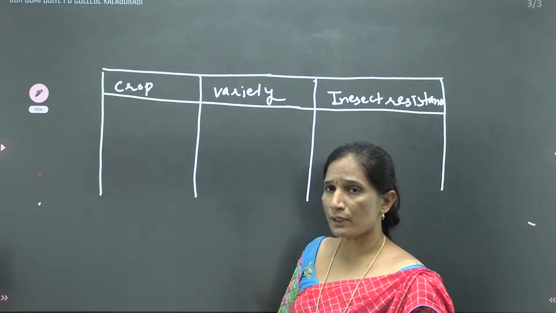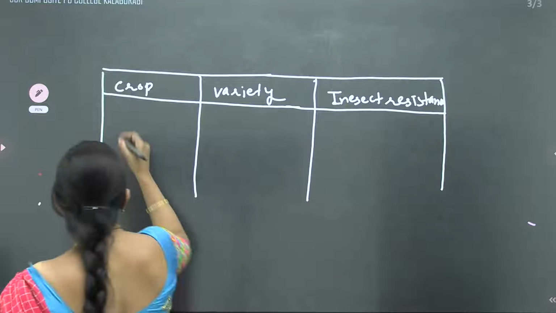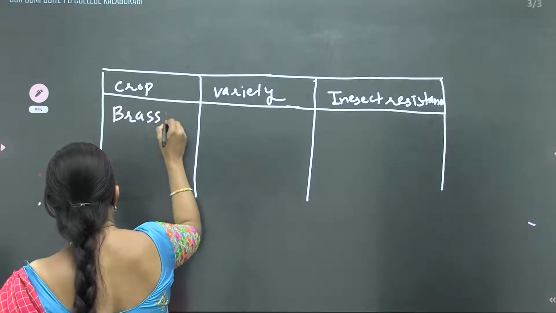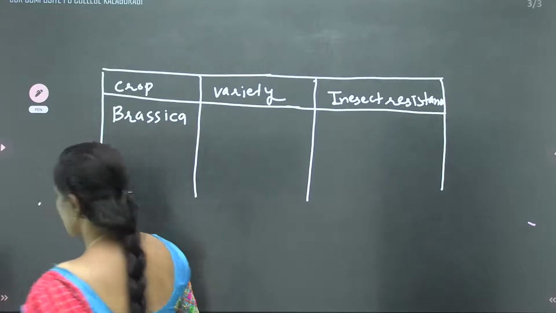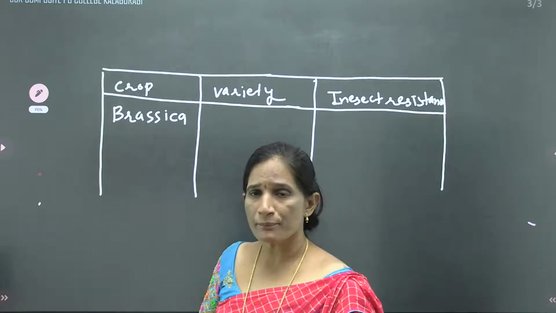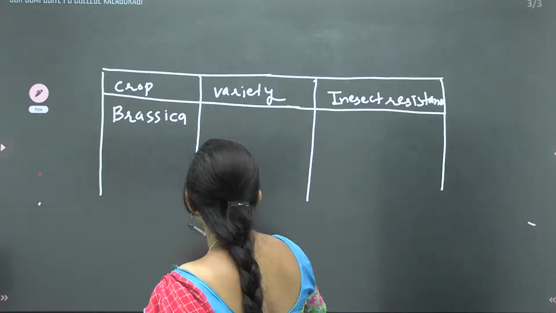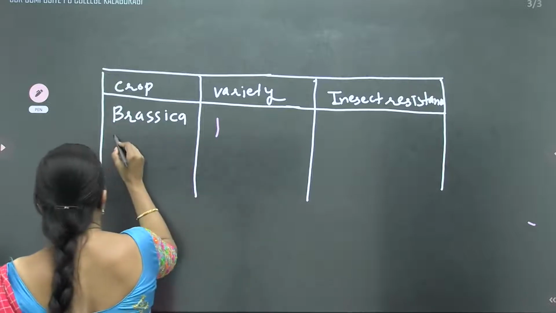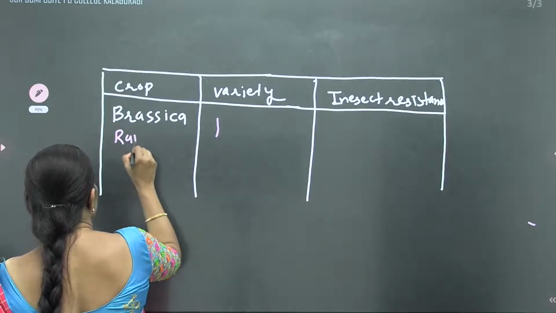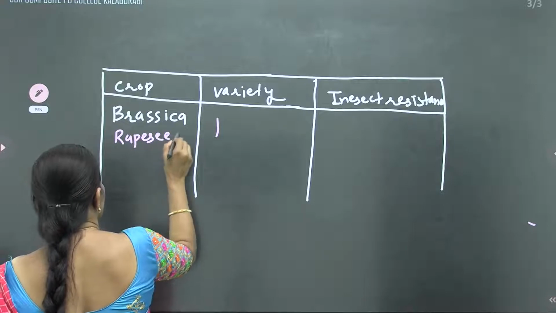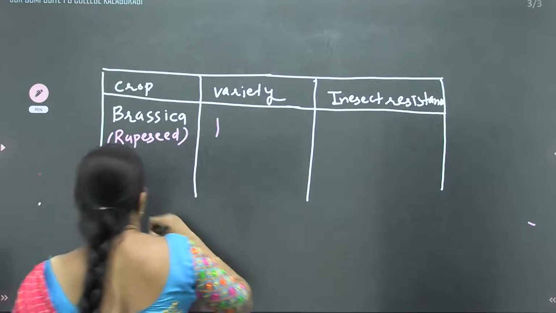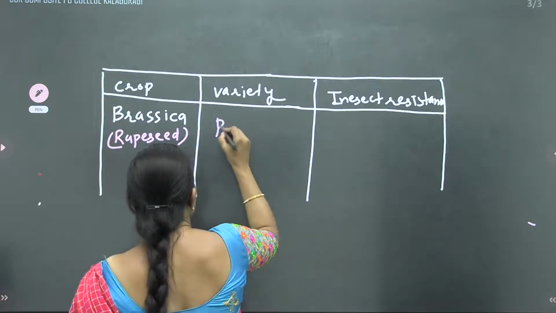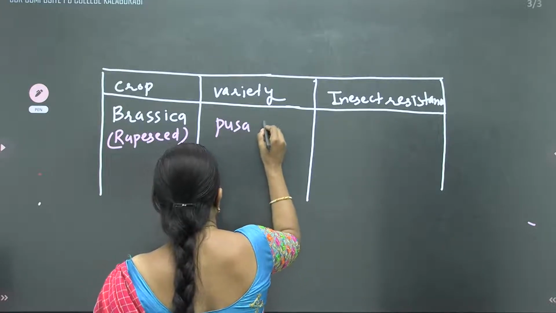The first crop name is Brassica, also called rapeseed. The variety of the Brassica is Pusa Gaurav.